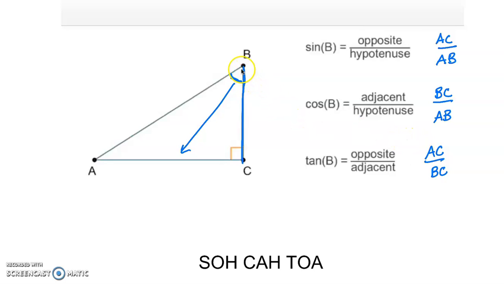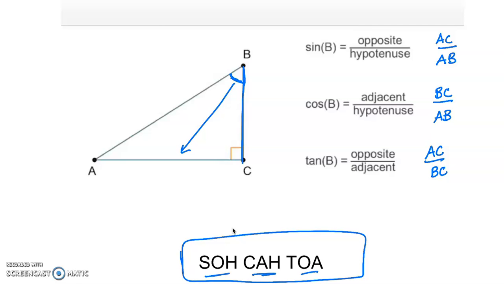So depending on which angle you're looking at, you need to know the opposite side and the adjacent side, and we always know the hypotenuse. This right here, I would write it in your notes if you don't have it. It's just a little phrase that helps you remember. SOHCAHTOA, where this stands for sine, cosine, and tangent. The first letter stands for the trigonometric ratio we're talking about.